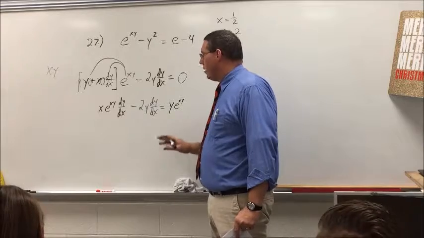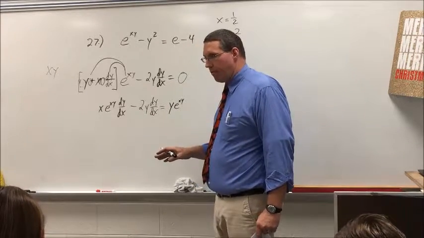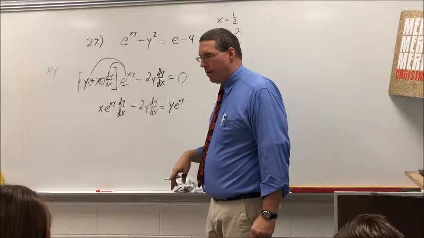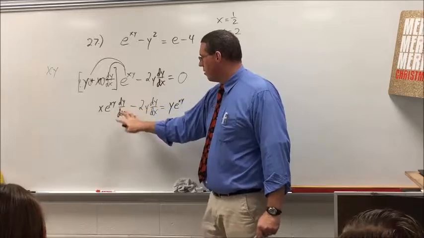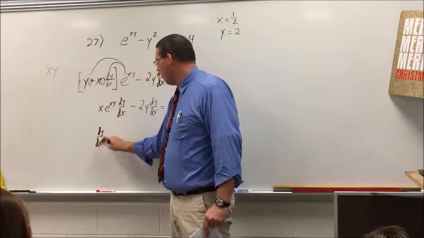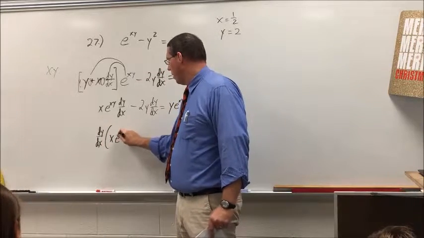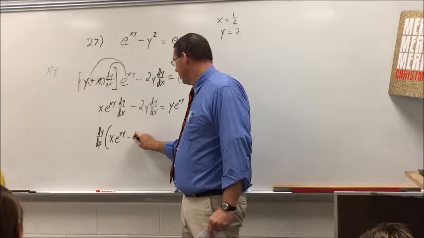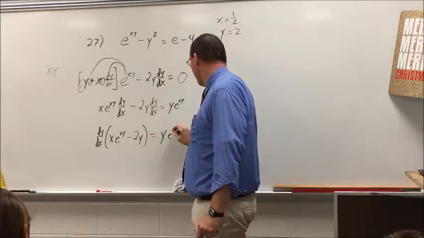The next step is to factor out dy dx from whatever remains on that side. So dy dx goes on the outside, and inside parentheses we have x e to the xy minus 2y, equals y e to the xy.